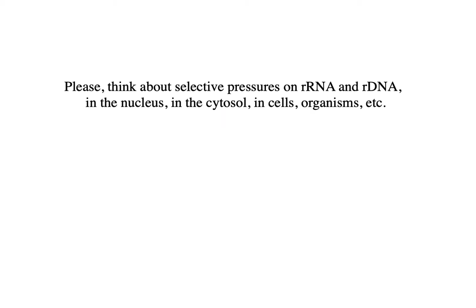So as you go back over some of this material, please think about selective pressures on ribosomal RNA, on the ribosomal DNA, in the nucleus, in the cytosol, in cells, in organisms, etc. To try and integrate those in your mind about what's happening to this part of the gene and how does that affect the expression of that gene for this cell or that cell, or does it affect it at all?